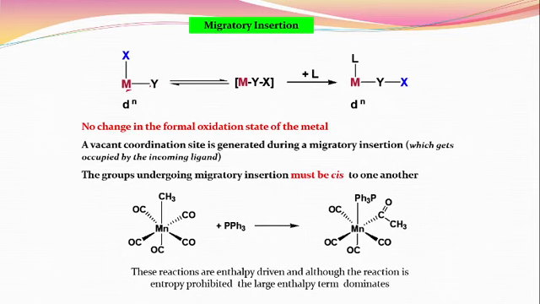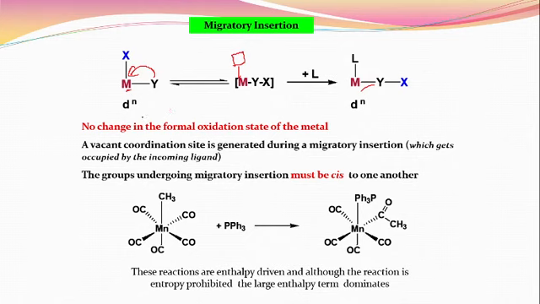This Y is inserted in between M and X. In the intermediate stage it looks like this, and there is a formation of an empty space over here. Y is inserted, and this empty space is filled by the addition of the incoming ligand, and we get a molecule like this.